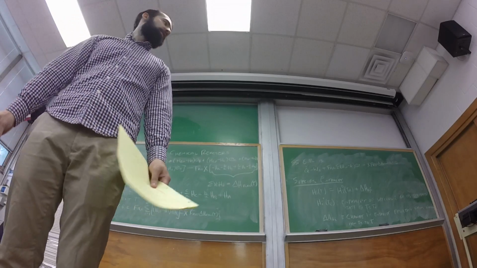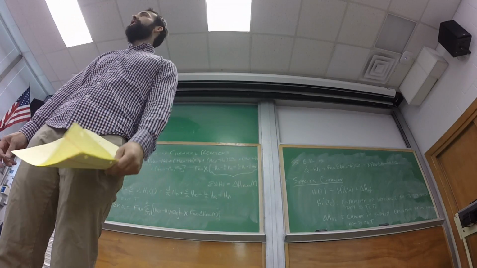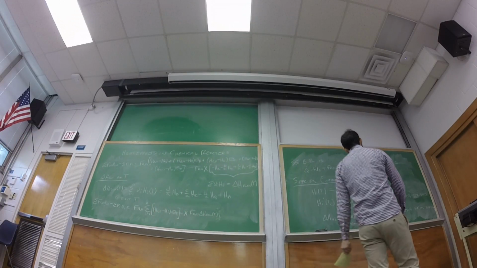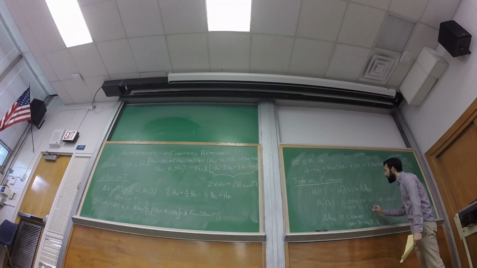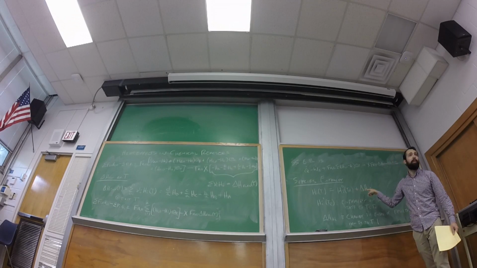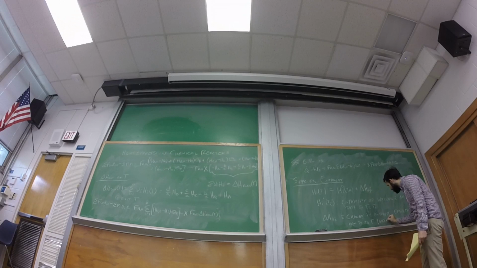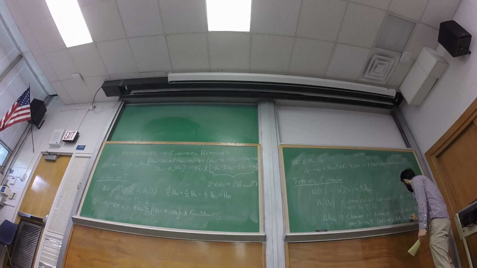Liquid. So does that include phase change? Yes. This includes the energy of the phase change. Otherwise, this equation would not be correct, right? So this includes the delta H of phase change.